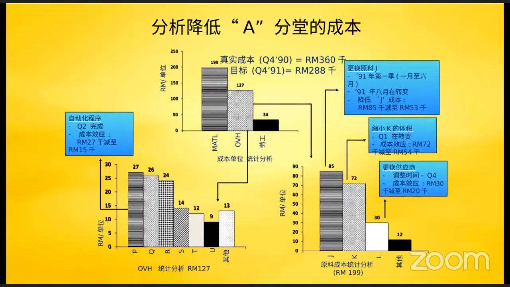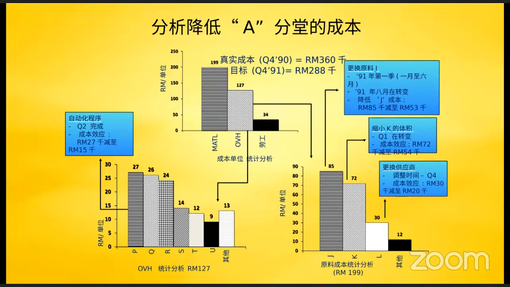So we say that a definition of a breakthrough management is when you set up the target, you have no idea how to do it, because you only know how to do it with the process that you are familiar, the old way that you have been doing. But after you start to do the analysis and do the planning, or in Buddhist steps, we call this the preparation step.